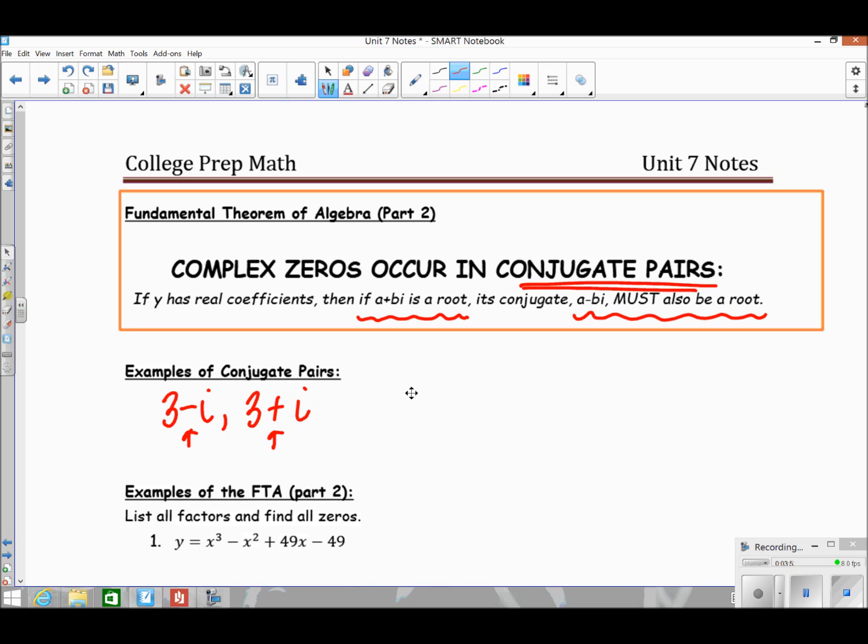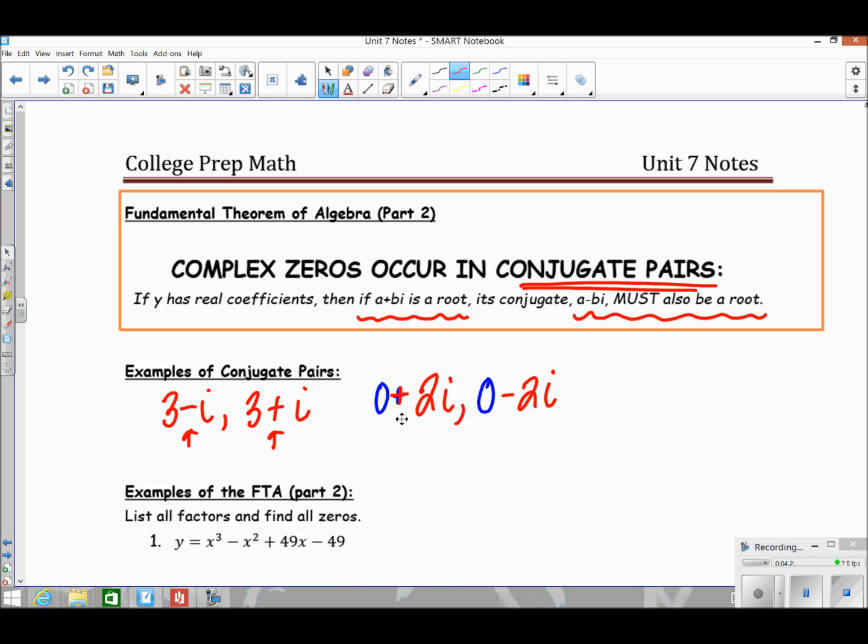If you had like 2i as an imaginary number, this is really like saying 0 plus 2i. So that means its conjugate is actually negative 2i, because that would be like saying 0 minus 2i. Now you don't really need the zeros, but you get the idea that you have to have a plus 2i and a negative 2i.